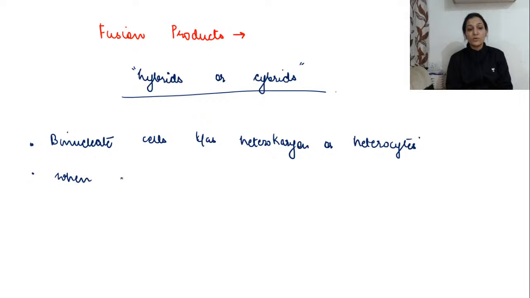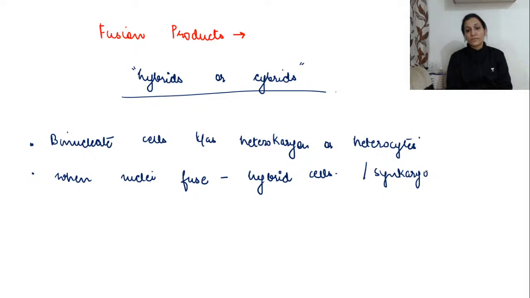When nuclei fuse, what do we get? We get hybrid cells or we get synkaryons, right? And when only cytoplasms fuse and genetic information from one of the two nuclei is lost, it is called a cybrid.